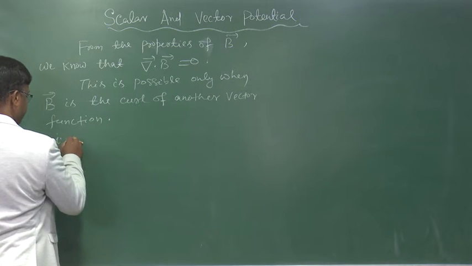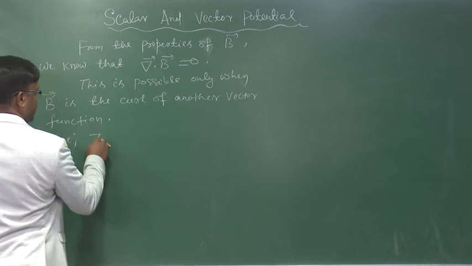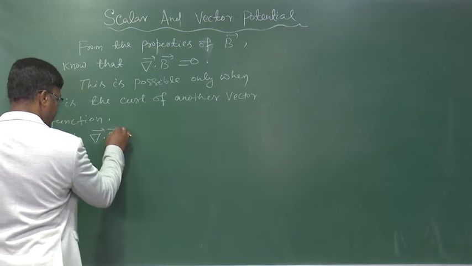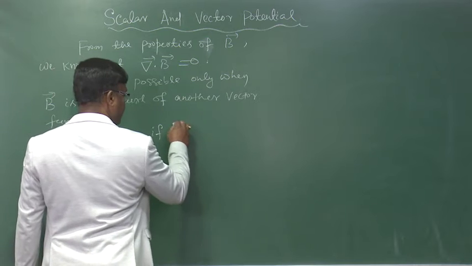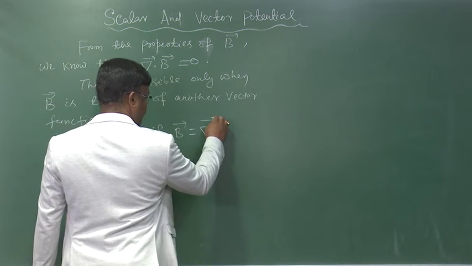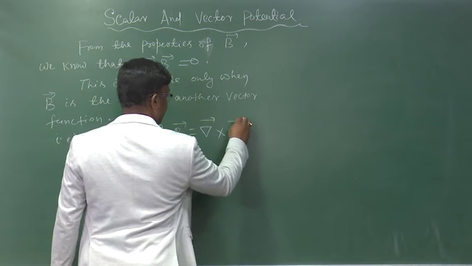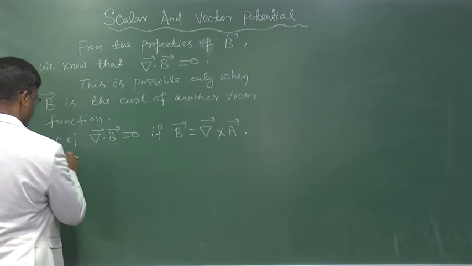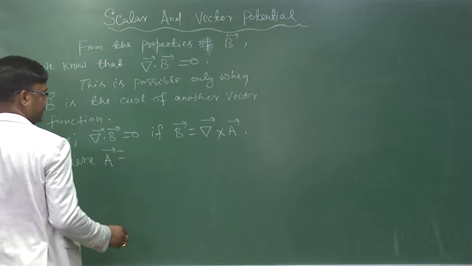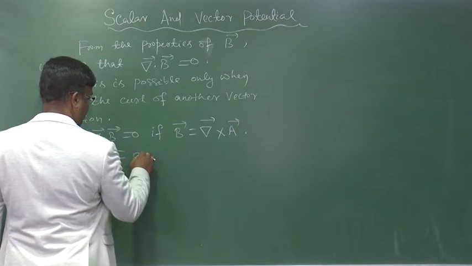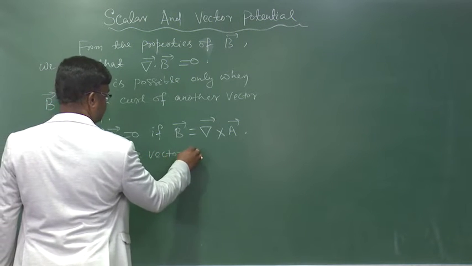That is, grad dot B is equal to 0 if B vector is equal to the curl of a vector function A.